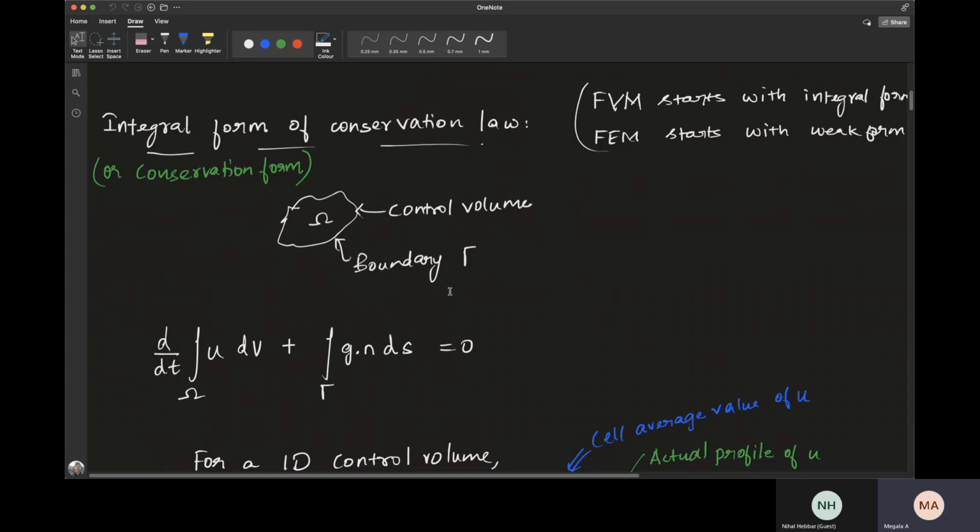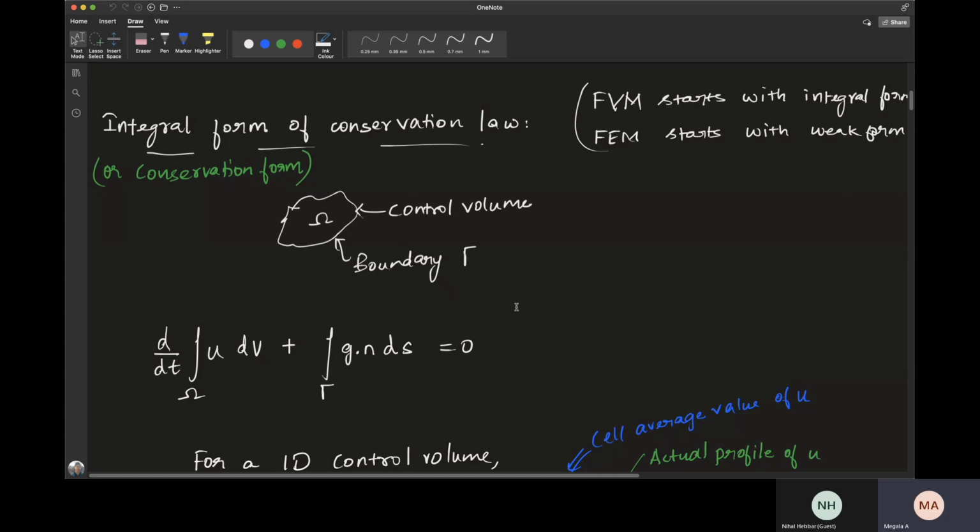During the PDE classes, we saw what the weak form is, and we also saw weak solutions. So the finite element method essentially starts with the weak form of the conservation law and finds solutions for that. Here, the finite volume method starts with the integral form, so your finite volume update formula will be derived from the integral or conservation form.